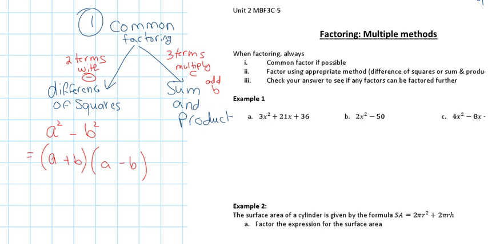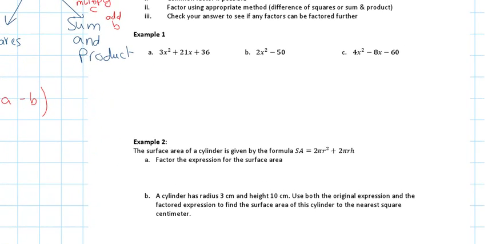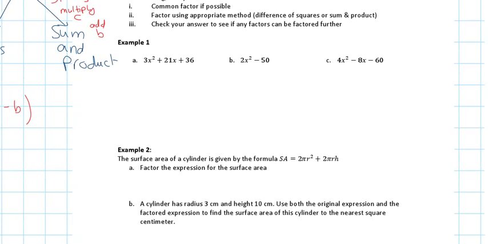Let's look at an example. I have 3x squared plus 21x plus 36, and the question is to factor. If you're asked to factor this, what's the first thing you always have to think about? Do I have a common factor?